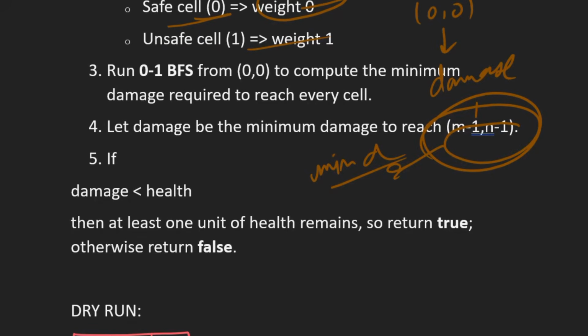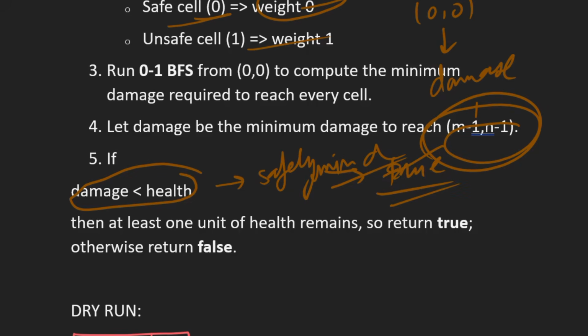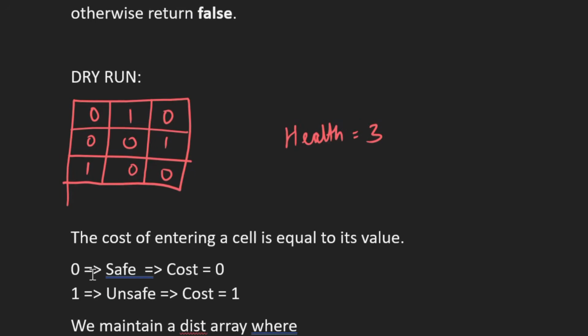And if our damage is less than health, that means we have reached our destination safely, and then we return true, else we return false, right? So this is the whole approach.